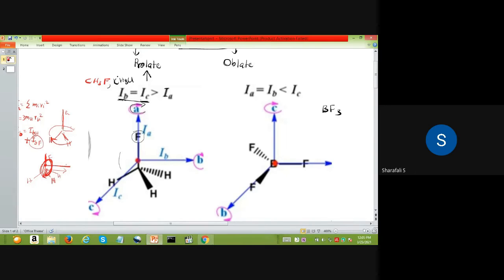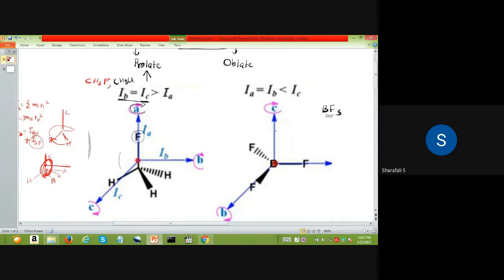And if you consider the case of BF3, we have the central atom, which is the B atom, and the center of mass will also be at the same position as this B. And we have different fluorine atoms which are symmetrically displaced from this point, but the center of mass will be at this point because they are symmetrically displaced from boron.